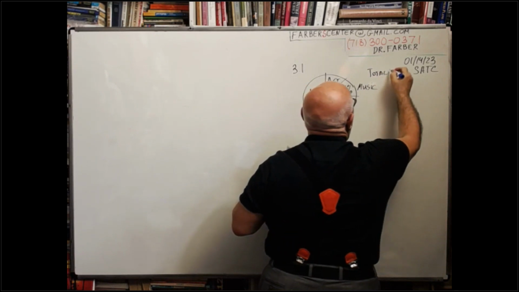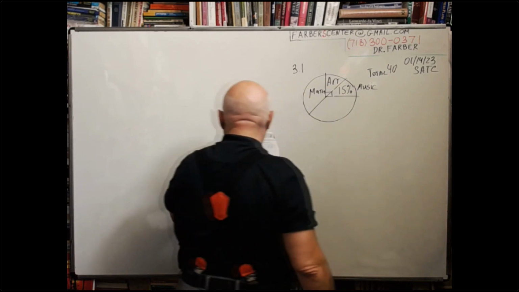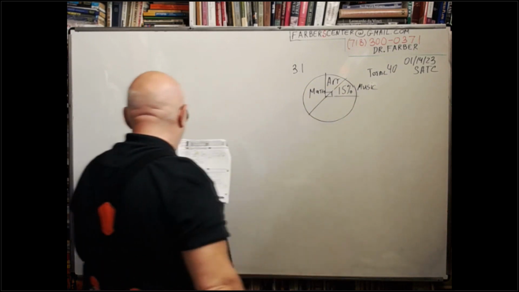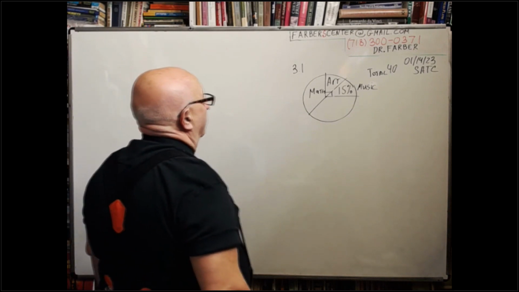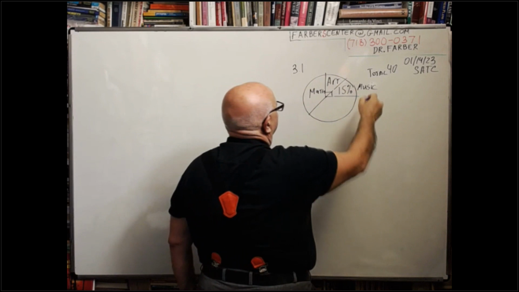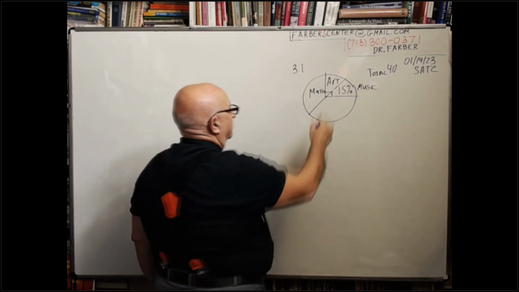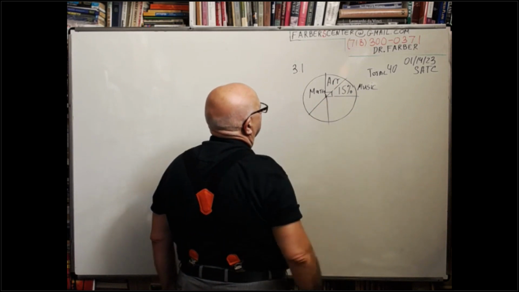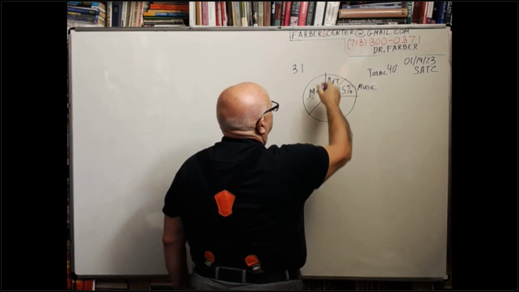Okay, be ready to read it and read for yourself every day. 40 students. How many students want for math? Well, if you see this 90 degrees, 90 degrees is a quarter, right? If you split like this, it means this is 25%.